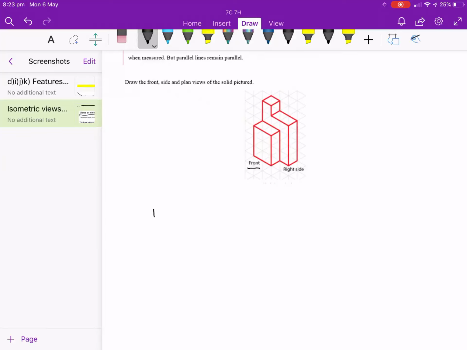I would count 1, 2, 3 squares, and it is 1, 2 squares across. That's looking at it from the front view. Then it goes up another 2 squares on the left side, 1 square over, and then it goes across 1 square, and then another square, and down, something like that. And then I would have to label it front view.